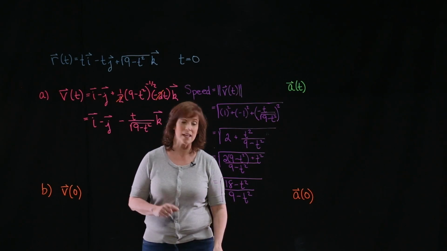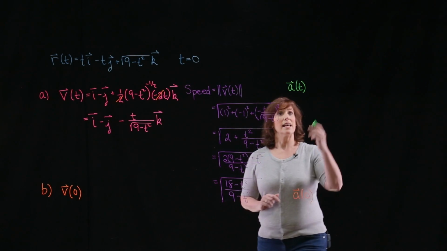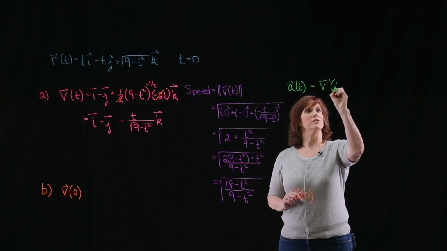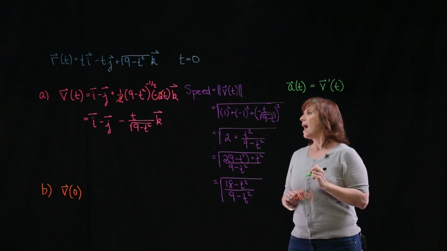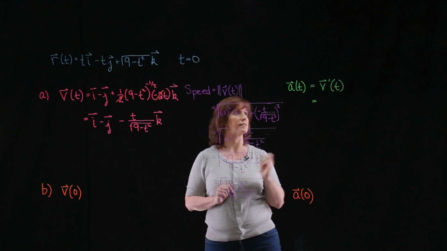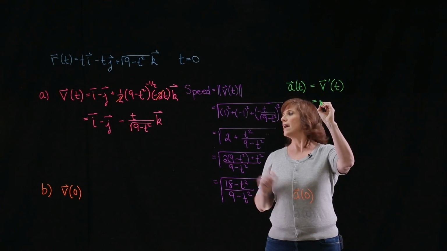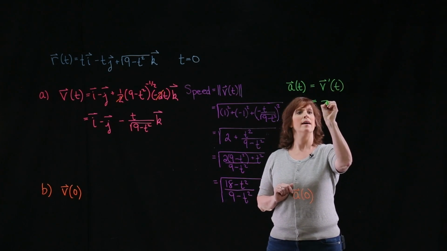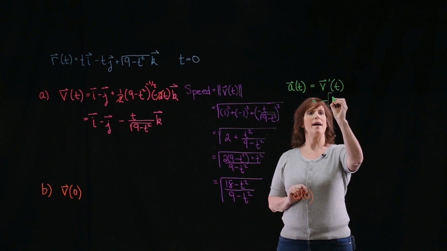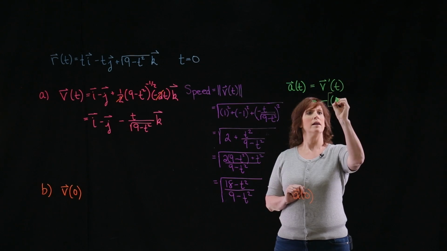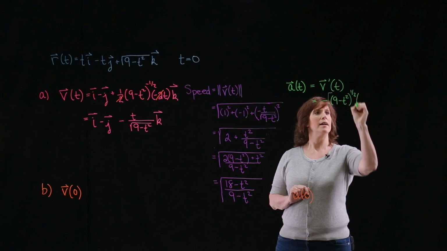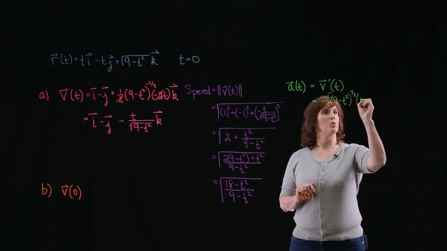Okay, next is the acceleration vector. The acceleration vector, I know, is the derivative of the velocity vector. And I calculated the velocity vector already. Notice the first two components are just constants. So I'll have 0i minus 0j. But for the k component, I'm going to use the quotient rule. So I'll have the denominator, 9 minus t squared to the 1/2, times the derivative of the numerator, which is 1.